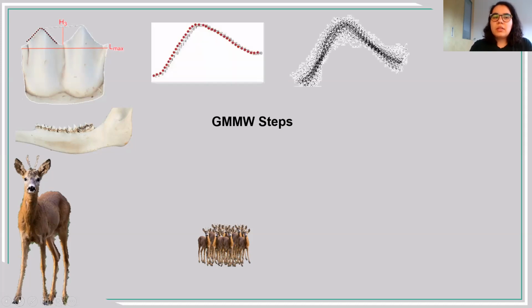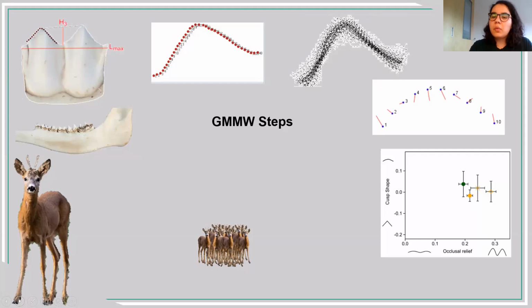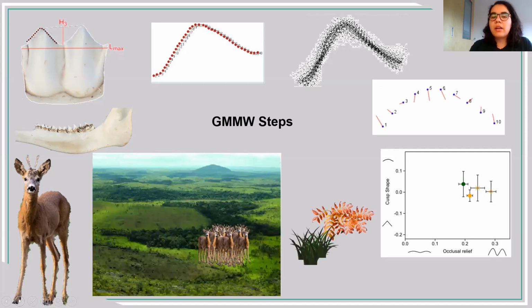After we have gathered all the landmarks for each curve, in this case we used 40 landmarks, we focus on the 10 highest in each tooth because we want to focus on the tip of the shape. And then, using a Procrustes analysis and a PCA and combining the data with the occlusal relief, we plot the species, which, depending on where they are in the plot, gives us information about their diet and thus we can infer their environment.